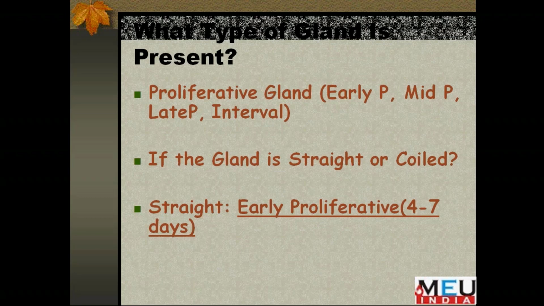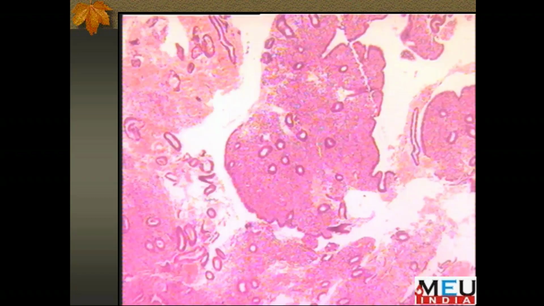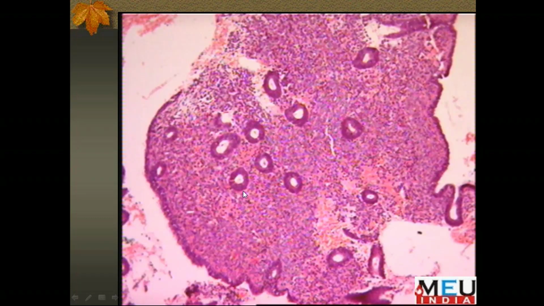Now see, this is the early proliferative phase in which the glands are tubular and the stroma is quite dense. This is the high power of this. The glands are tubular and the stroma is quite dense. In another one, the glands are tubular on high power. There is no edema in the stroma and there are no vacuoles in the glands.